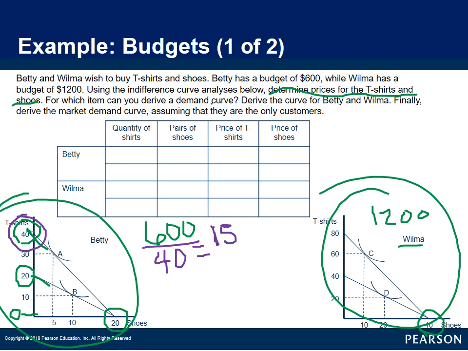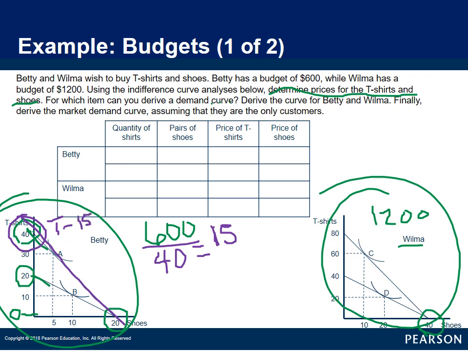Let me double check: 600 divided by 40 equals 15. Yes. So this first budget line here is showing us that t-shirts have a cost of $15.